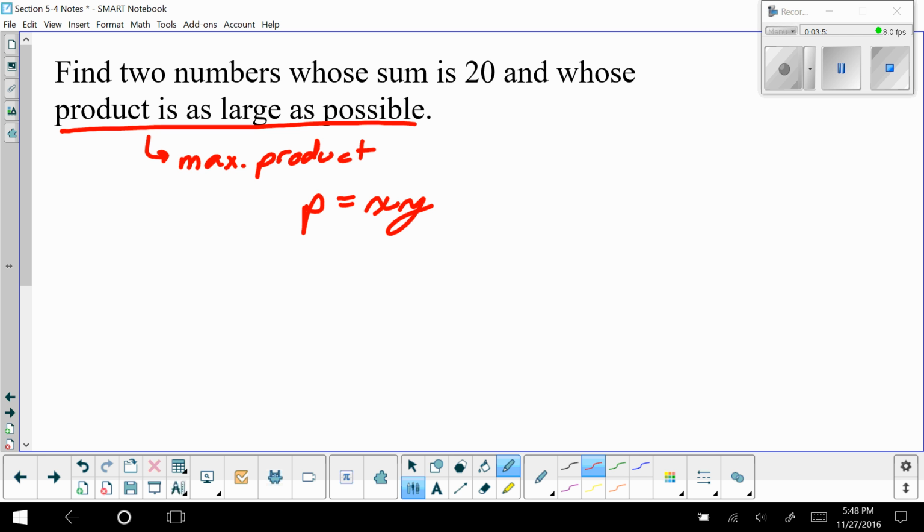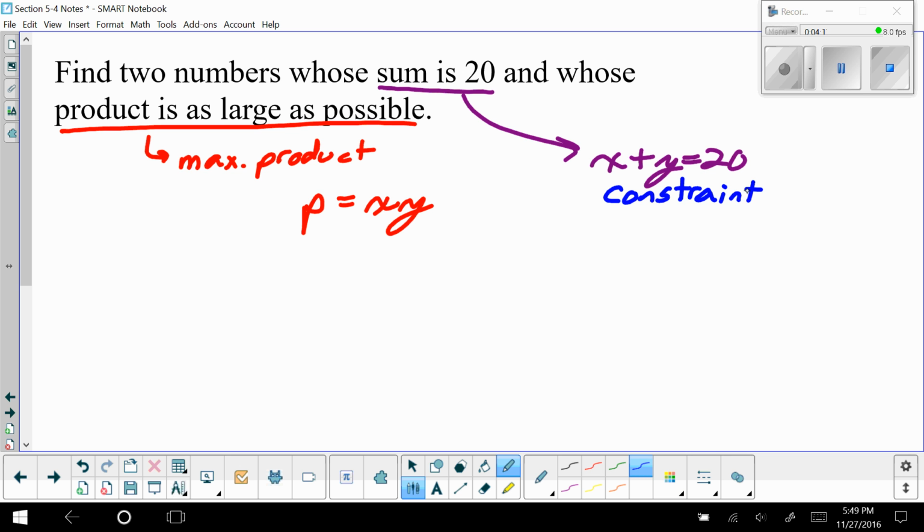Now the issue here is I have too many variables. We know how to do first derivative tests if we had just x's or just y's. But with two, we're going to need a second equation, and that's where the sum is 20, so I know x plus y equals 20, and this is called the constraint.